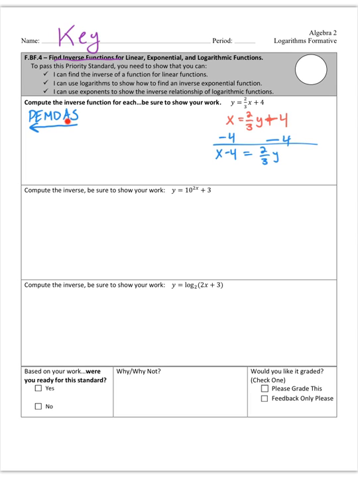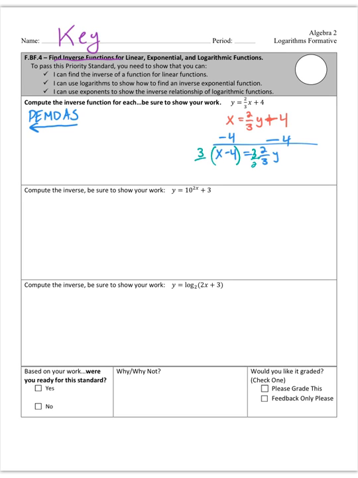What's the next thing? I undo division and multiplication. Well, I have this multiplication by a fraction. To undo multiplication by 2/3, we're going to multiply by something called the reciprocal. The reciprocal is multiplying by the flip, essentially. So I'm going to multiply this side by 3/2, and then I have to do the same thing to the other side.